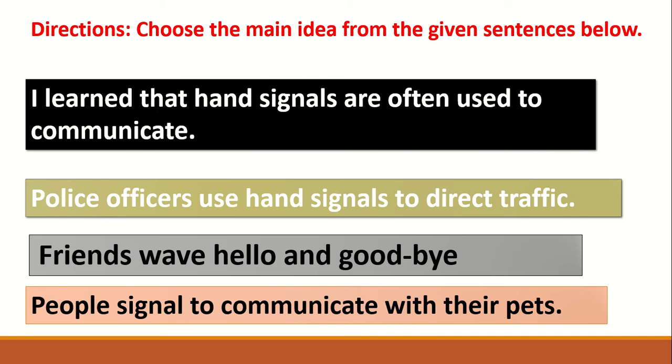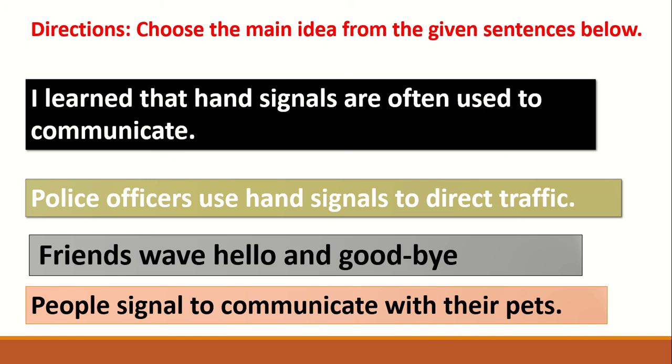So in here, I just give directions like choose the main idea from the given sentences below, right? Why? Because if you get the main idea in here, the remaining sentences will be your details that will support your main idea. Is it clear? I will repeat one more time.